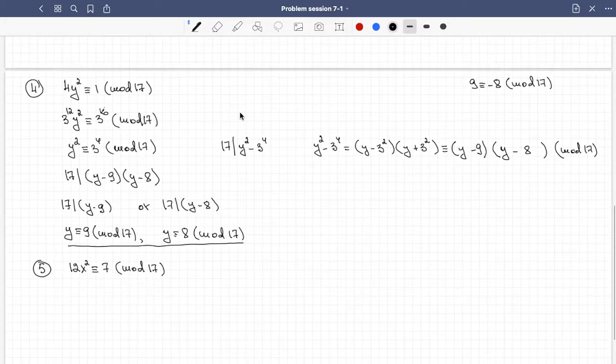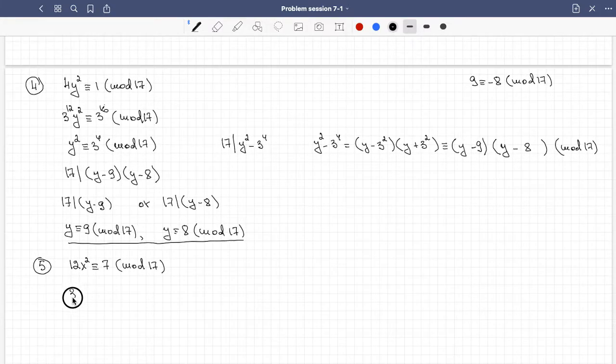So we can rewrite it as 3 to the 13 x squared is congruent to 3 to the 11 modulo 17.